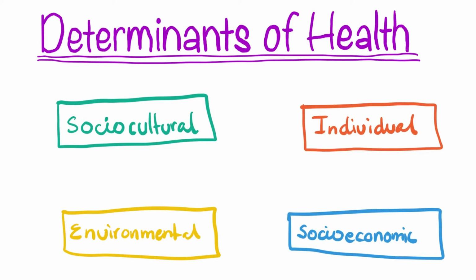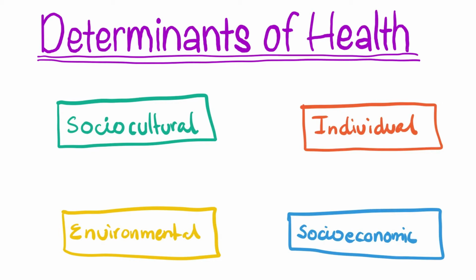Now in this video we're just going to have a look at the socioeconomic determinants, but it's important to understand that there are these four different determinants of health. When you look at each one of these determinants in depth, you'll be able to have a look at the positive and negative influences for each one and see how they can actually affect an individual or a population's health.